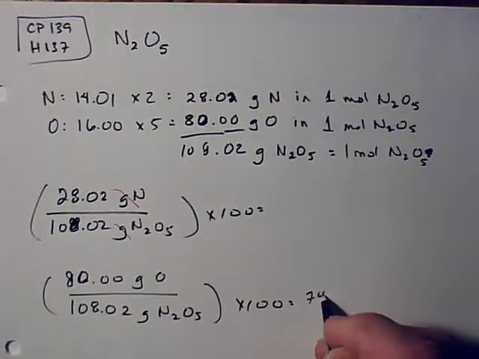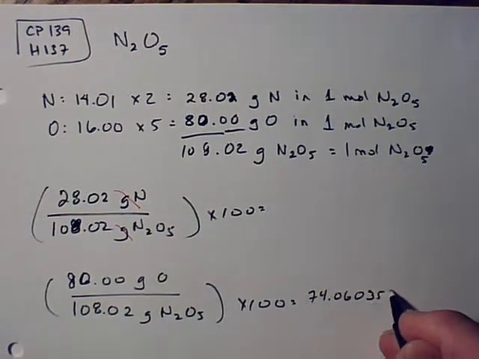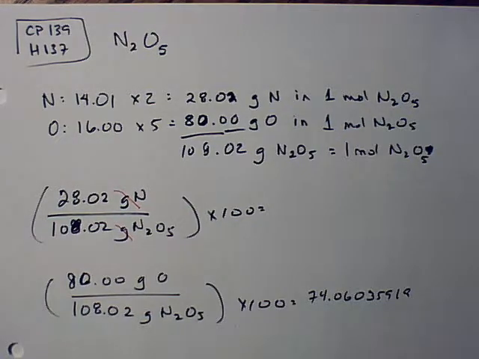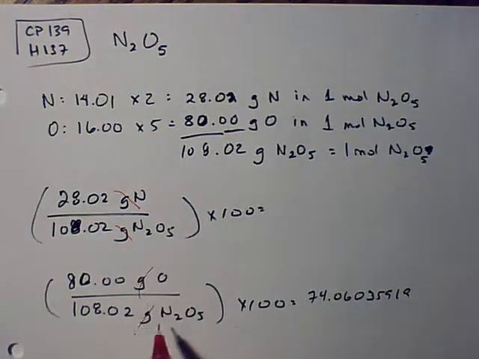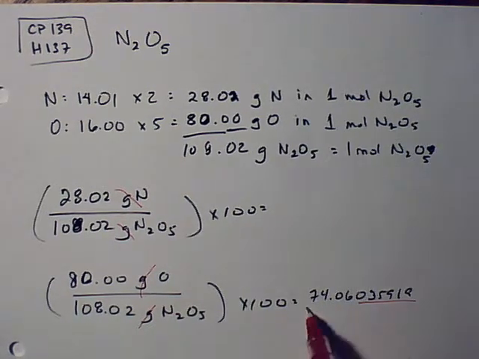So I get 74.06. We are going to cancel the units, but not the species, because oxygen doesn't cancel out N2O5. We need 4 digits in our final answer, 1, 2, 3, 4.